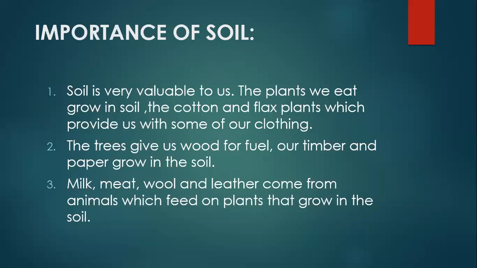They help to make our clothes. These plants are also grown in fertile soil. If there were no proper soil, these plants would not grow and there would be no clothing for us.